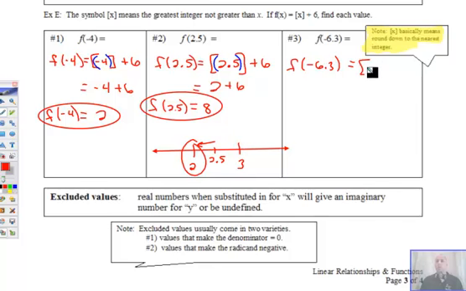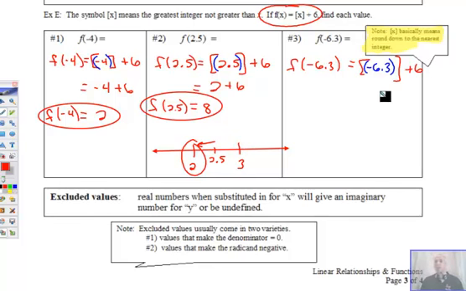So, substituting, we get the greatest integer not greater than -6.3 plus 6. Keep in mind, I'm getting the equation from up here. It's the equation I'm supposed to use for each of these.